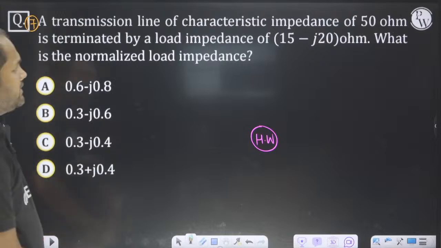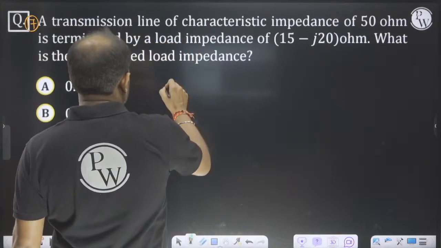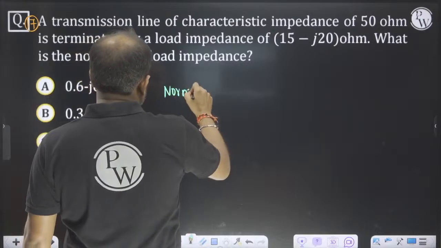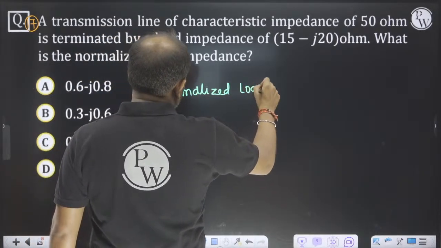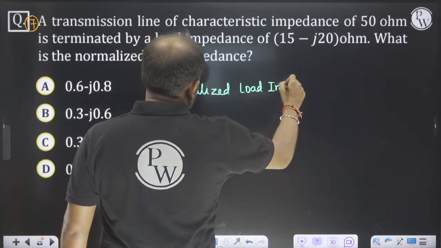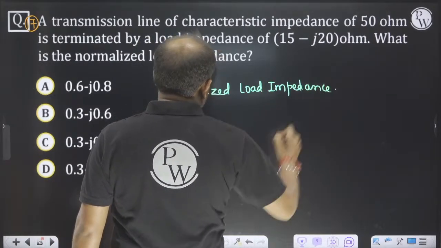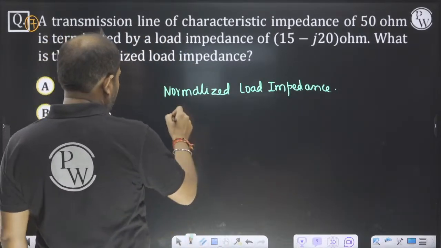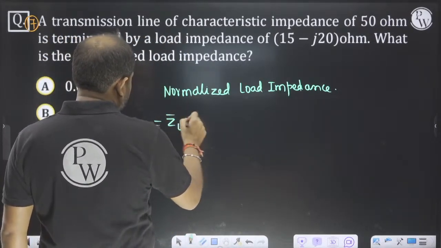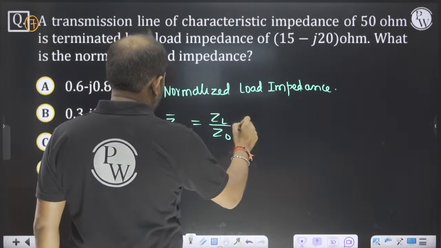A transmission line, load impedance and characteristic impedance are given. So you have to find out the normalized load impedance. You will remember this. Normalized load impedance ZL bar is equal to ZL upon Z0.